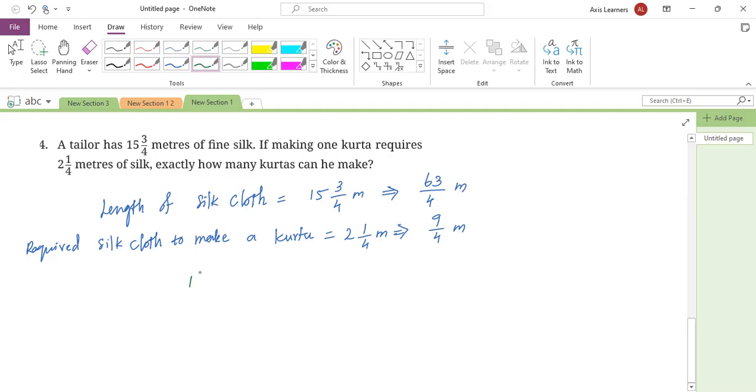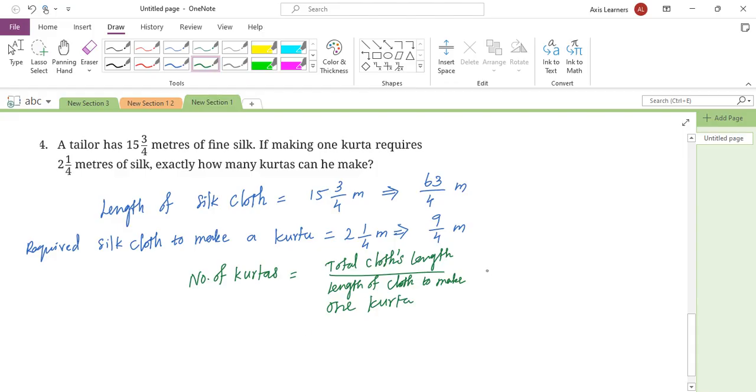Okay, so number of kurtas equal to total cloth length divided by the length of cloth to make a single kurta.